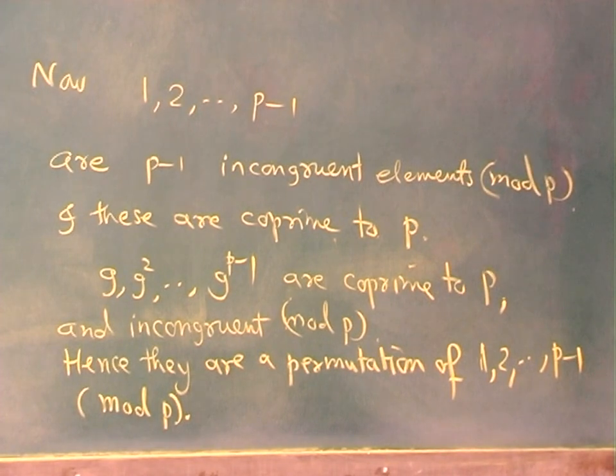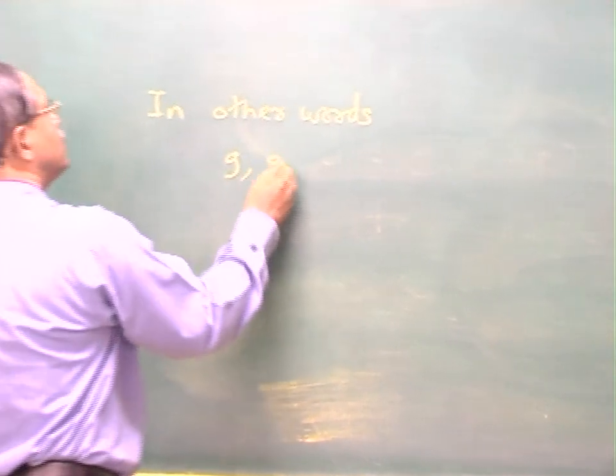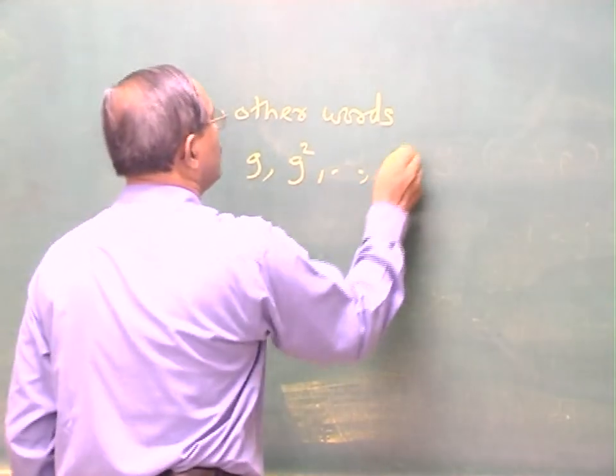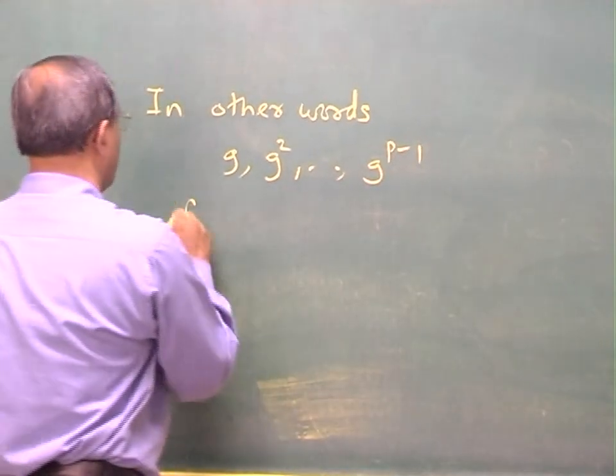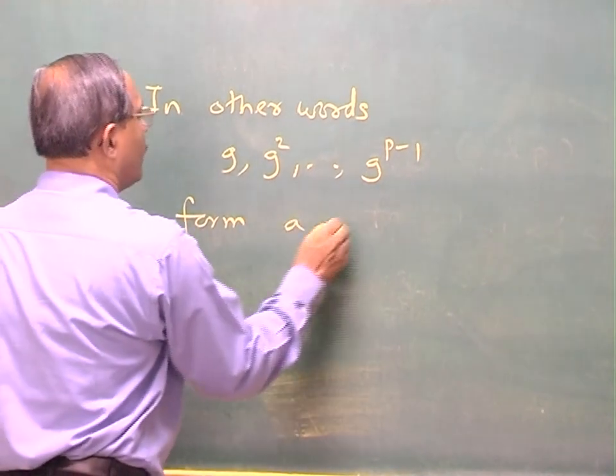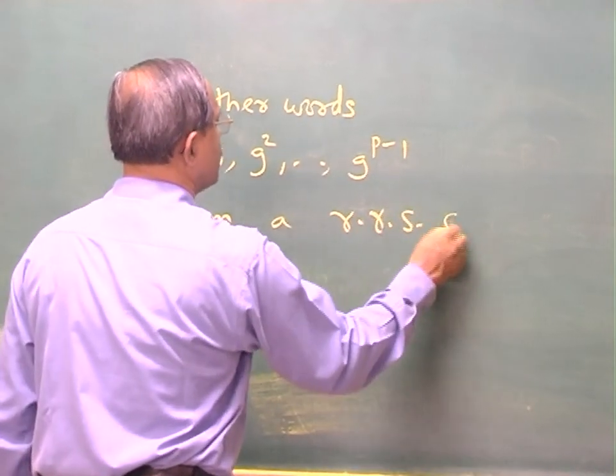We can say that they form a reduced residue system mod p. In other words, g, g square, etc. g raised to p minus 1 form a reduced residue system mod p.